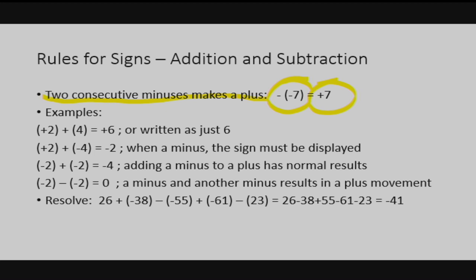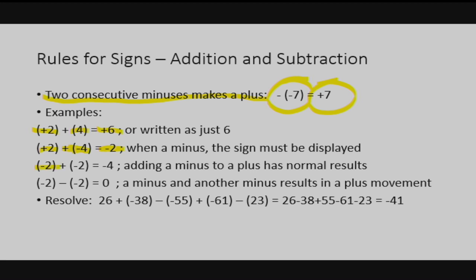Here I have the plus 2 plus 4. Plus and plus makes a plus, so it's plus 6. No problem there. Plus 2 plus minus 4. A plus and a minus makes a minus. So it'll be plus 2 minus 4 gives you minus 2. Straightforward.